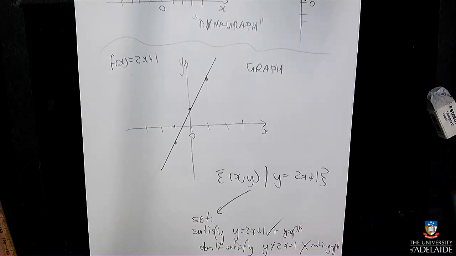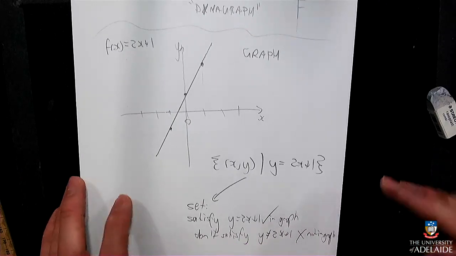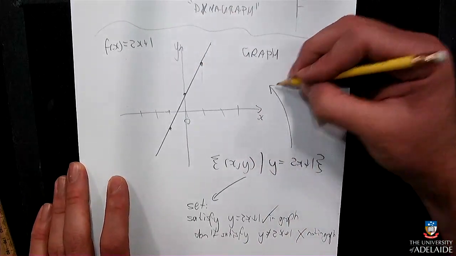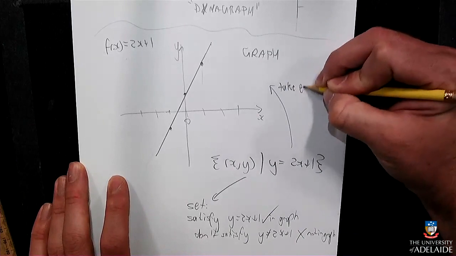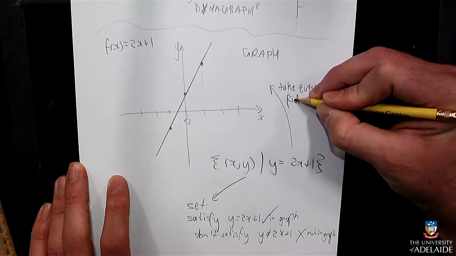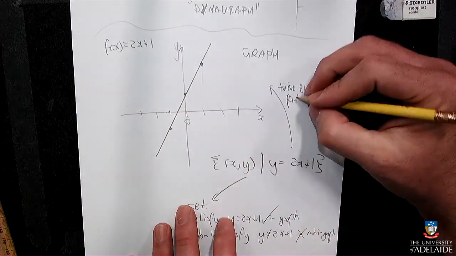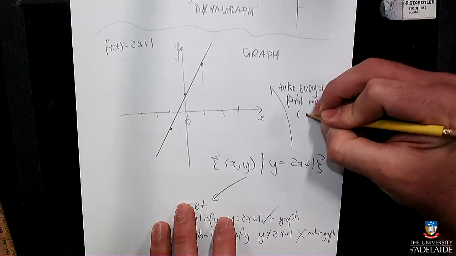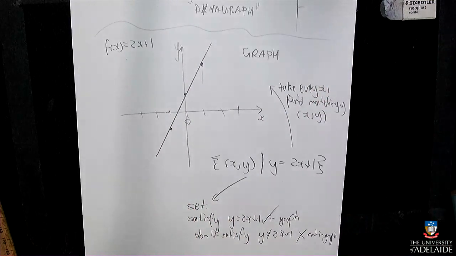I can interpret it that way, or I can interpret it this way as the result of a function. You know, take every x and find the matching y. And make x, y, and draw it, and that makes my graph, my set in the other way.